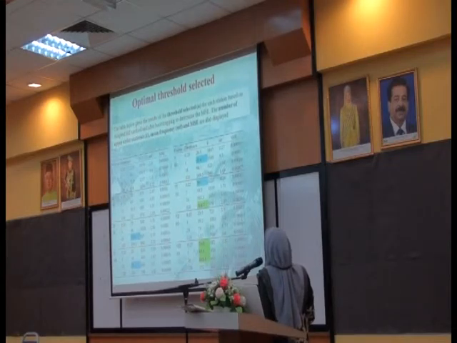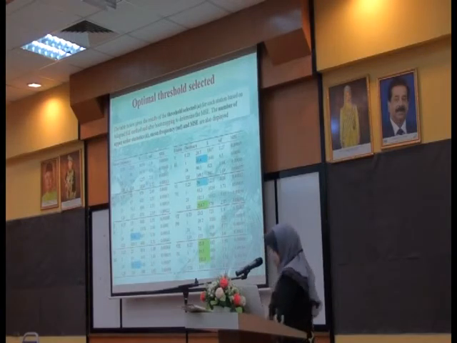In contrast, for the higher values of threshold u, you can see that the area of Johor gives the highest threshold compared to other regions for the shorter duration rainfall, for 15 minutes, 1 hour, and 24 hours. The area of Johor and the east coast of Pahang. And for the longer one, 120 hours or 5 days rainfall is 214.7, which is given by the east coast, by the Terengganu region.